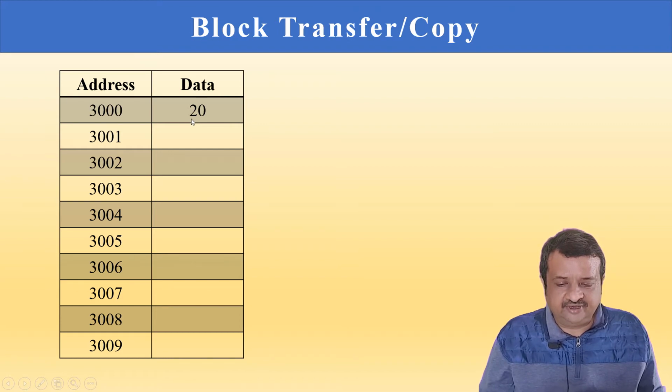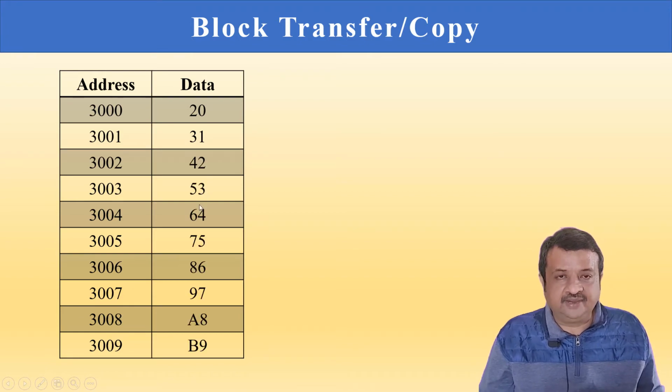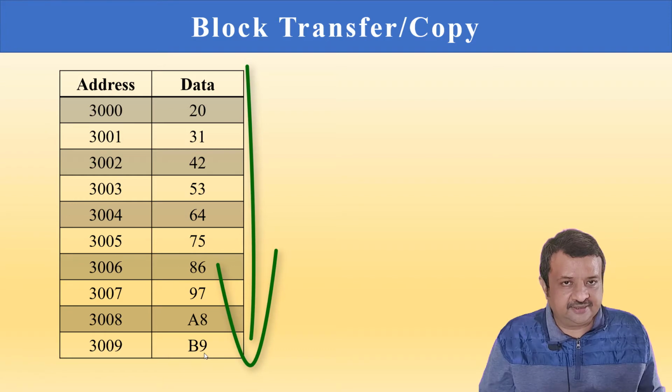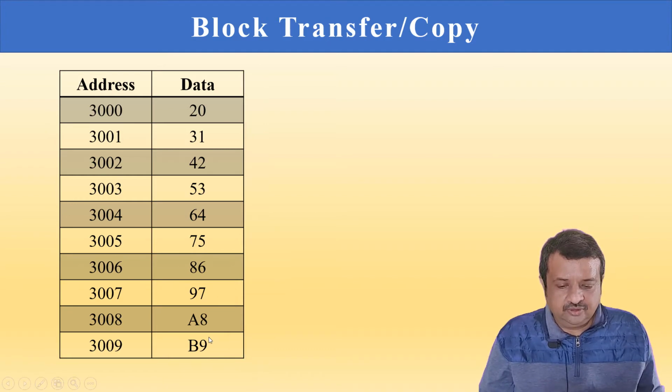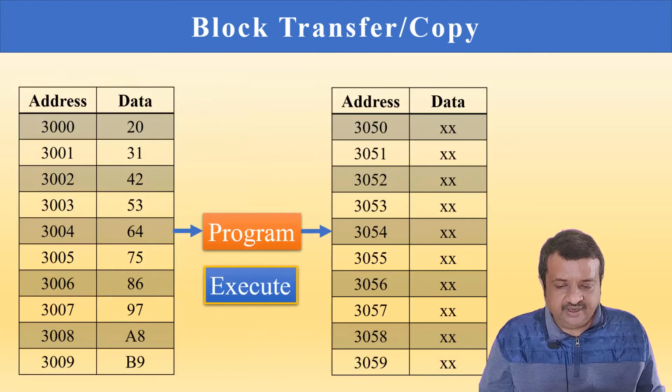And in the first byte we have written down 20, in the second byte we have written down 31, in the third byte we have 42, and then simultaneously, if you see, we can write the data in all the 10 bytes.